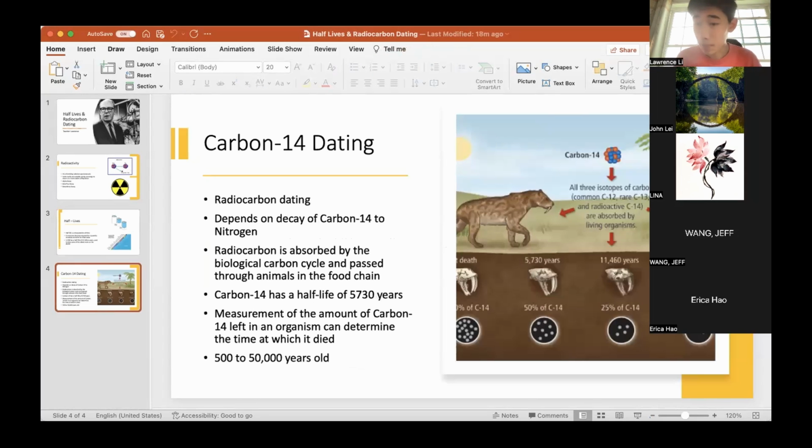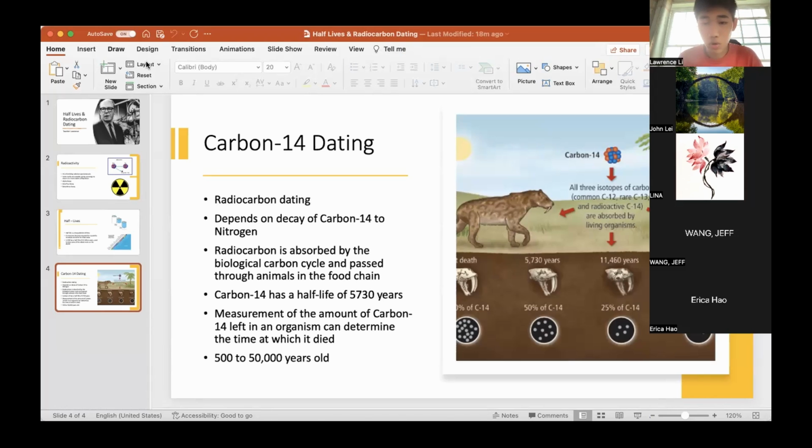Okay. Let's talk about carbon-14 dating. Carbon-14 dating relies on something other than uranium-238. Uranium-238 takes 4.5 billion years to decay away, and no animal has been on the earth for 4.5 billion years. Animals just don't live that long, and neither do plants or bacteria.